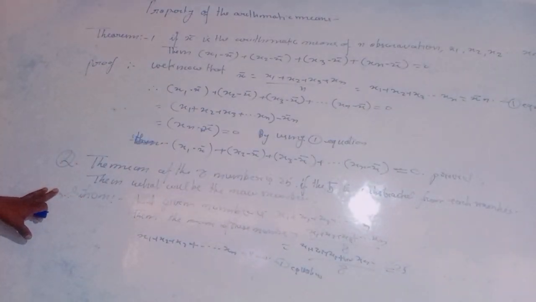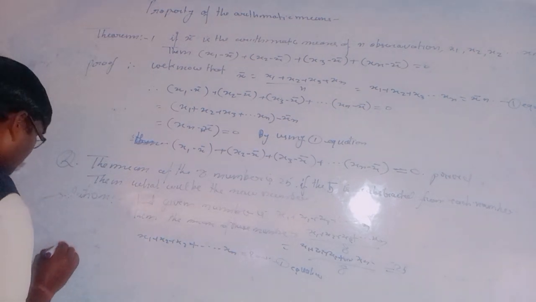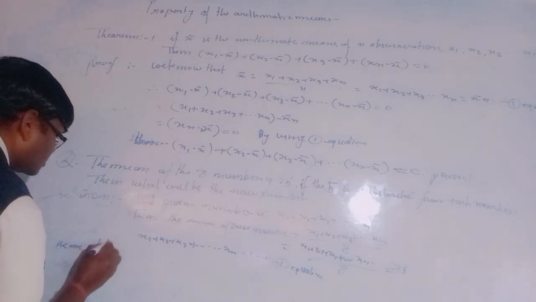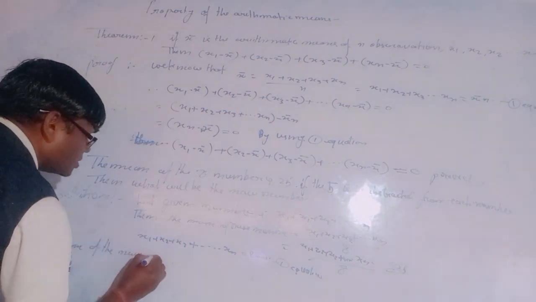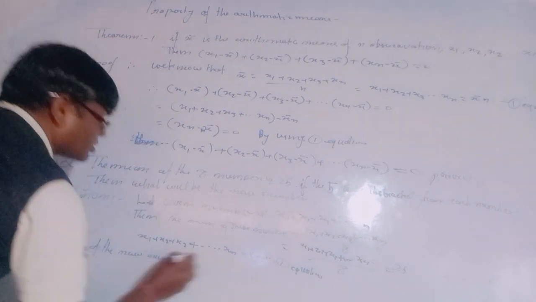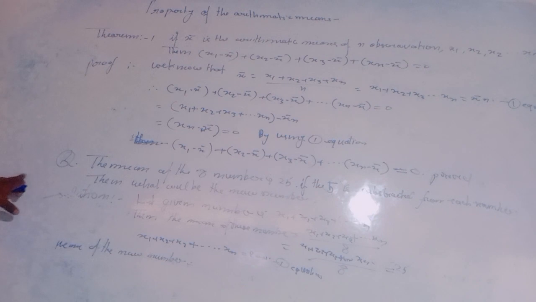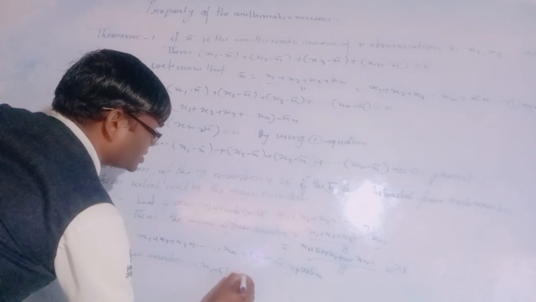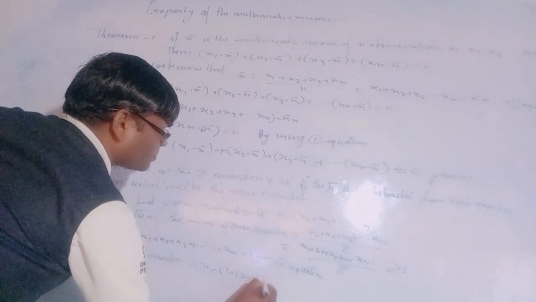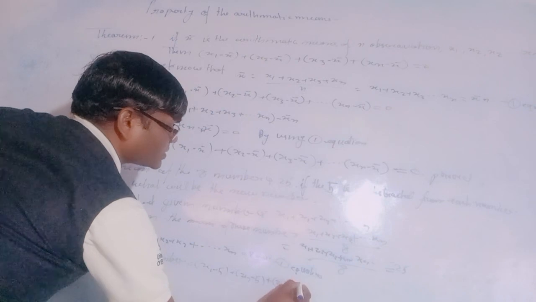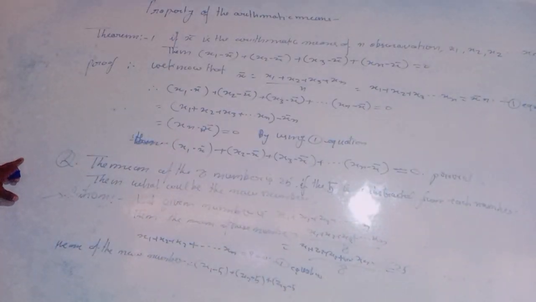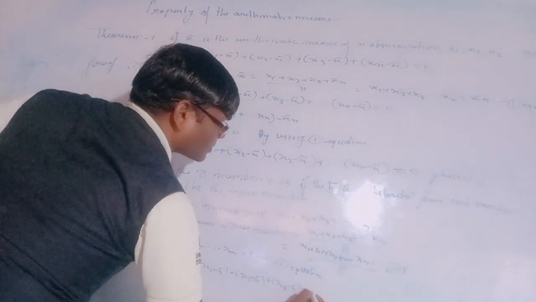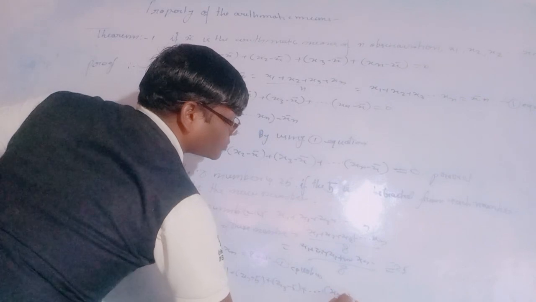Now we will further take the numbers as given here. The mean of the new numbers: the new numbers will be x1 minus 5, x2 minus 5, x3 minus 5, up to xn minus 5.